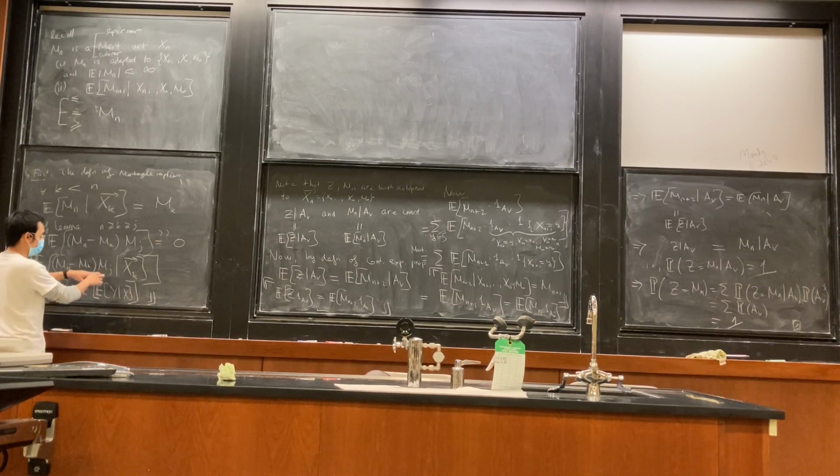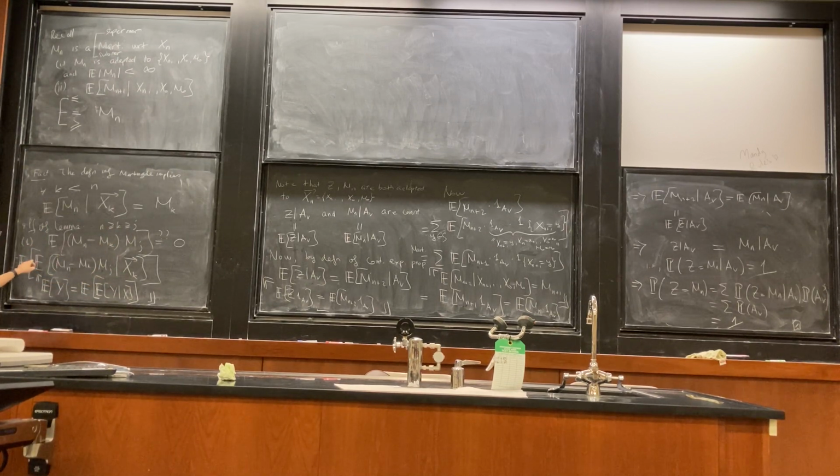So now M_j is adapted to X_k because j is less than k. So that will be brought outside here, still inside the biggest expectation.